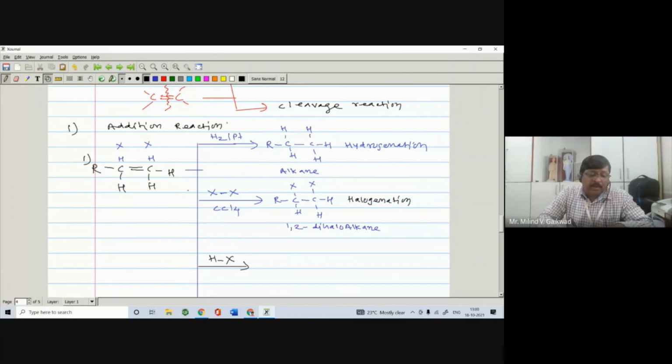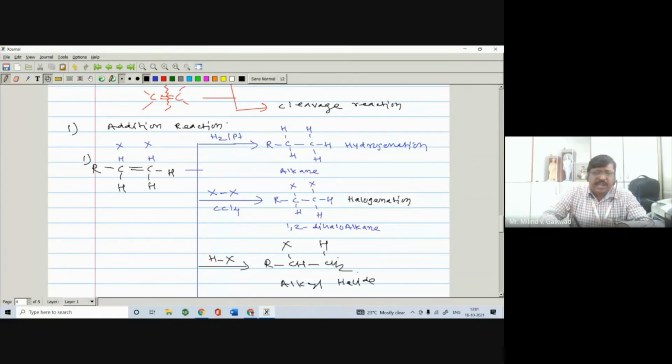The negative part of the reagent will attack on that doubly bonded carbon atom which has the lesser number of hydrogen atoms. So here R, here is the CH, here is the CH2. The negative part is X and the positive part is H. So you are getting the corresponding alkyl halide, right?